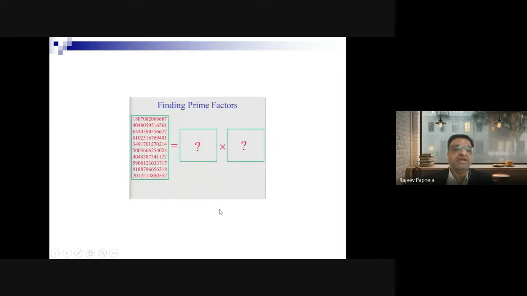If you have a very large integer and I were to ask you to find its prime factors, you see the other way around is very easy. Multiplying two prime factors to get a composite number is very easy. But if I give you that number and you have to find its prime factors, that requires a lot of steps.